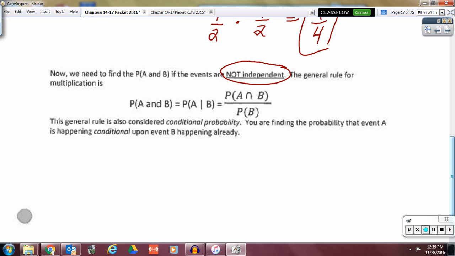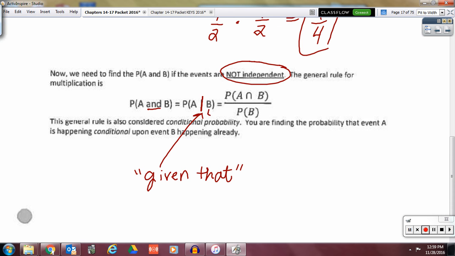Here's that general rule. The probability of A and B is written this way. Probability of A, and then you have this symbol here. You've seen this in set notation in your pre-calculus or calculus class. That is said "given that." So the probability that A occurs given that B has happened is this.